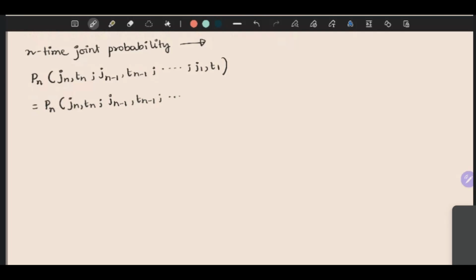These are the conditional probabilities, J1 T1, times Pn minus 1, Jn minus 1 Tn minus 1, given J1 T1, right? Just one step backward.